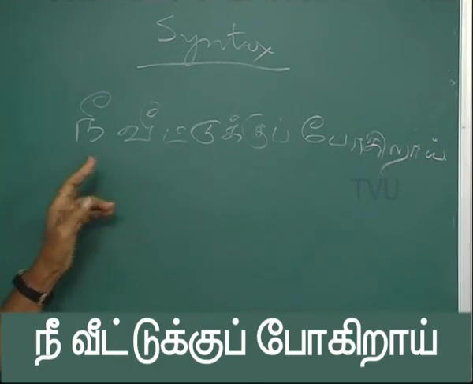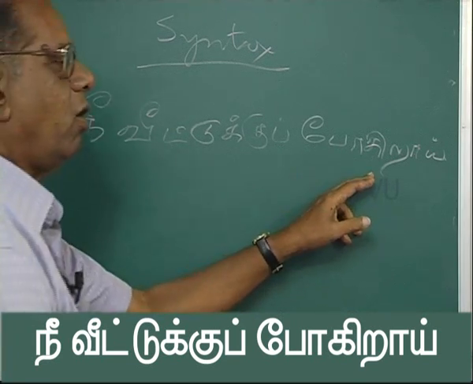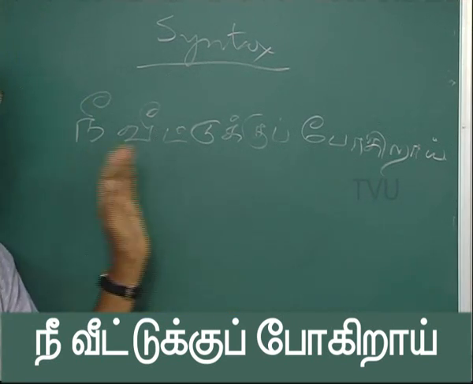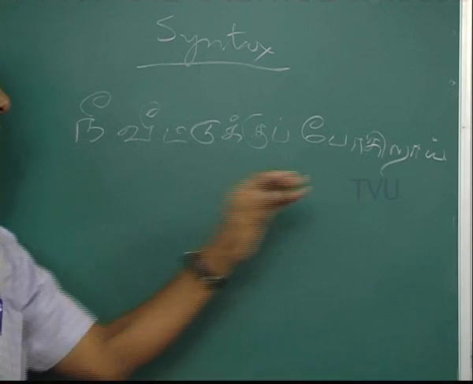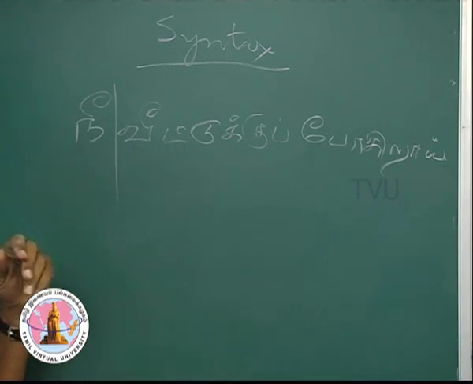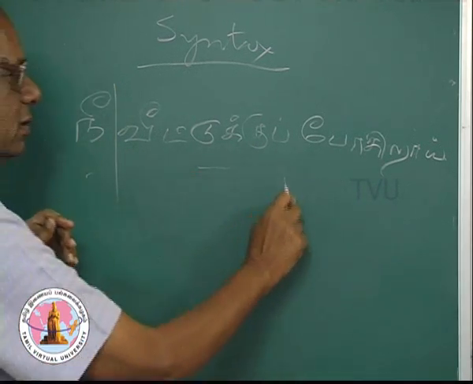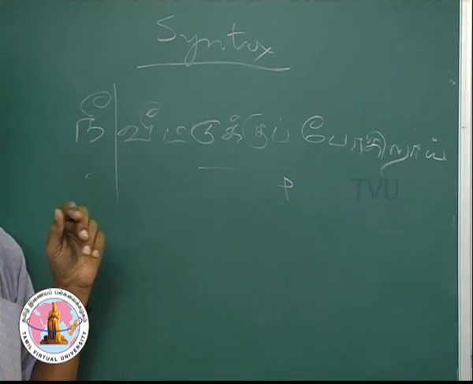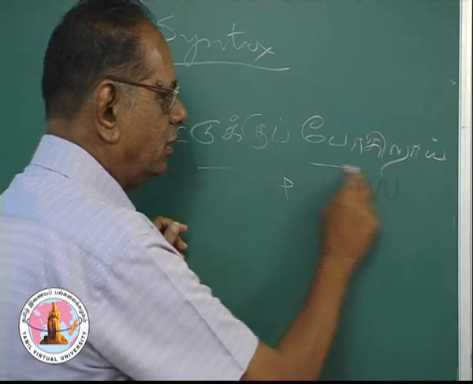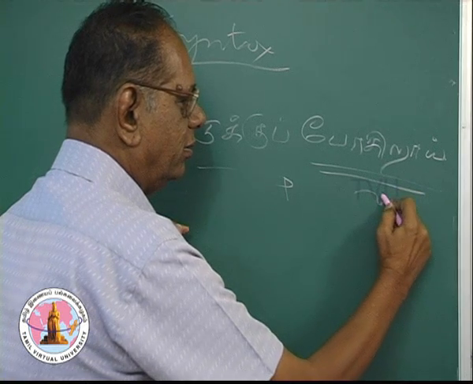நீ வீட்டுக்கு போகிறாய். நீ is the subject. The whole thing is predicate. Here it ends with a verb.